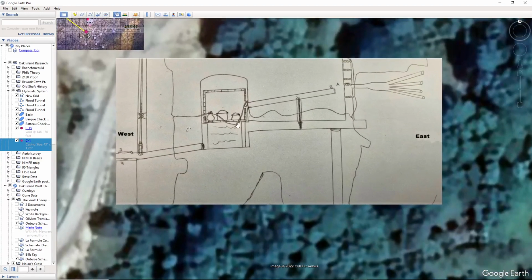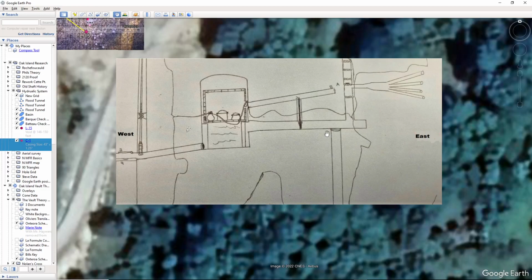either Don Rue or Olivier, and I've flipped it so that it is now oriented east and west. Since this is a side view, we don't know if this is south or north. We know it's up and down, but we don't know which direction. Another thing about the OnTR schematic is that it's not really to scale.